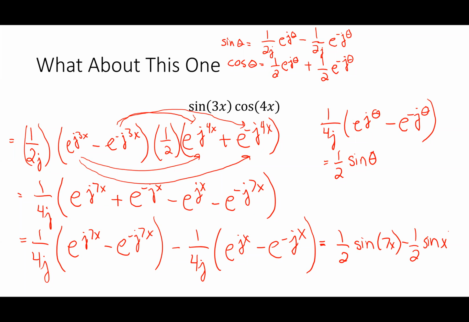The context in which I give this to you in the homework is I give you an integral of something like sine 3x, cosine 4x, and that becomes really hard to do. The integral of these guys is much easier.